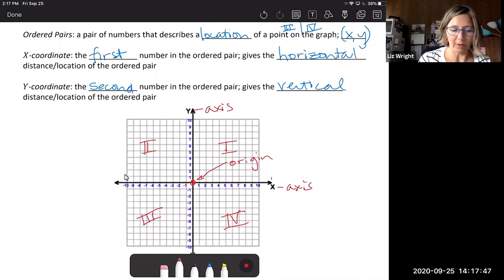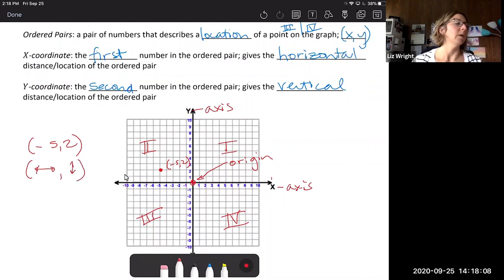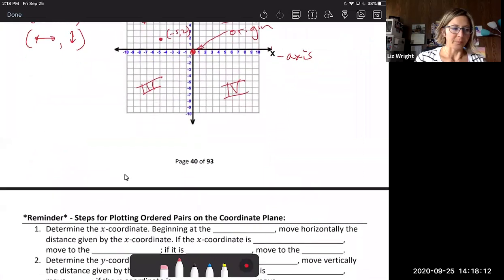If we're graphing the point negative 5, 2, you start at the origin, go left 5 and up 2. So this is negative 5, 2. Again, this gives you your horizontal information, and this one gives you your vertical information. All right, let's look at the next page.